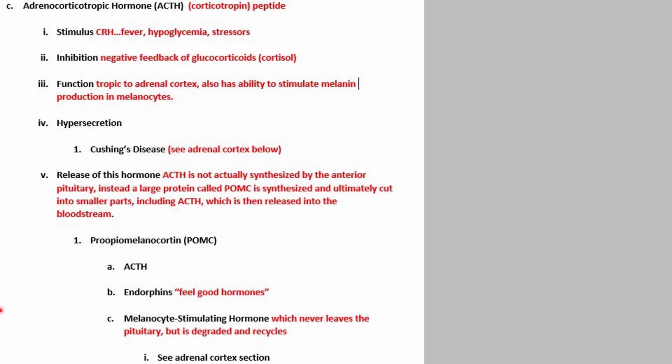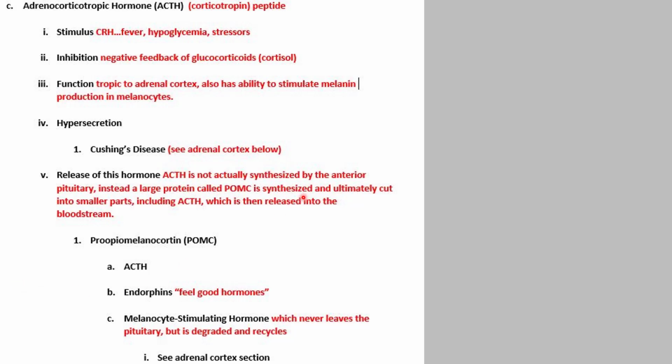Now, the function of ACTH is it is going to be tropic to the adrenal cortex. We talked about ACTH when we talked about the adrenal cortex. It also has the ability to stimulate melanin. That's not really a function, but it can do that. It can stimulate the melanocytes to release melanin. And we will see that here in just a moment.